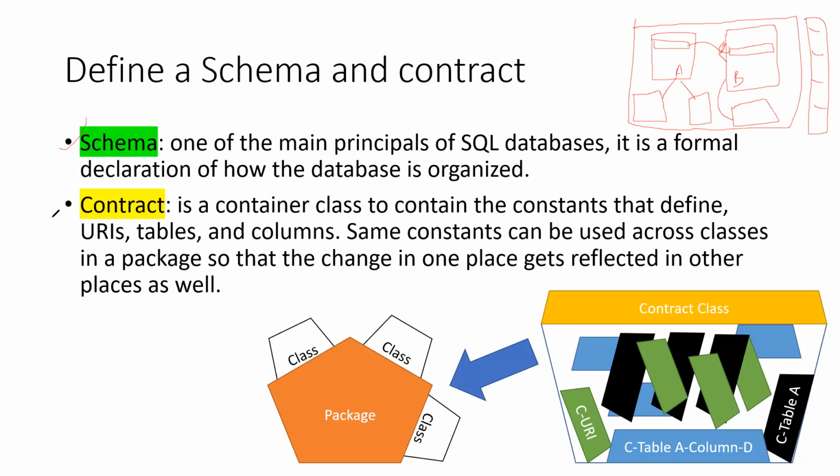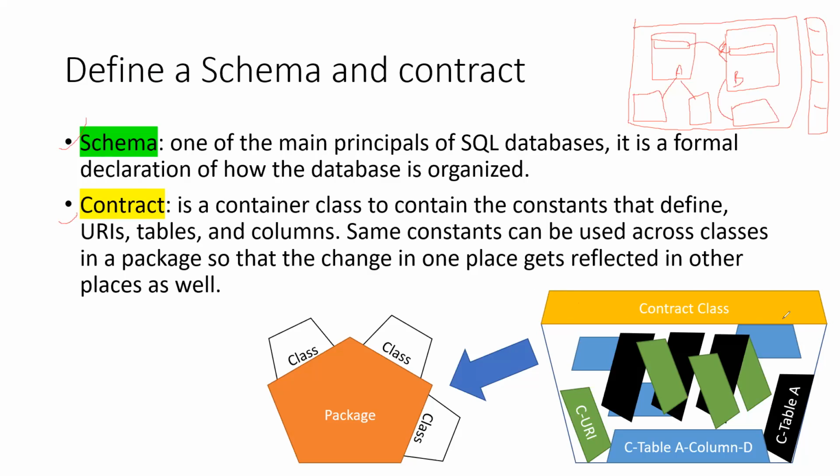Now in order to support this schema, you might be interested in designing a contract class, that is a companion class. In order to understand the contract class, just imagine that this is a container class, and this looks like a container.